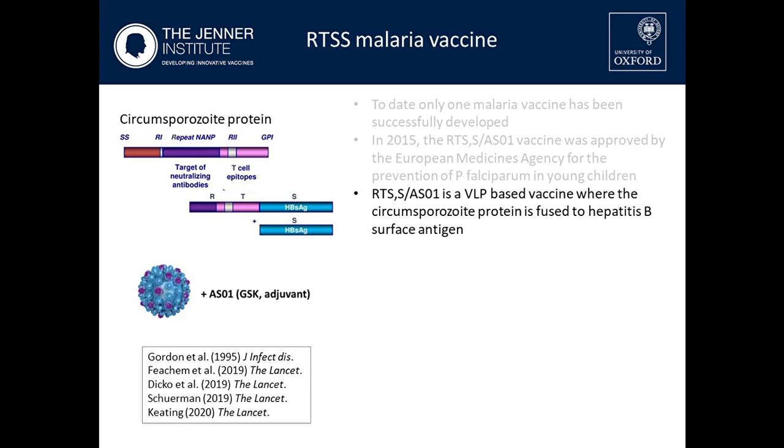This vaccine is a virus-like particle based vaccine where the circumsporozoite protein is fused to the hepatitis B surface antigen. The circumsporozoite protein and hepatitis B form a virus-like particle.